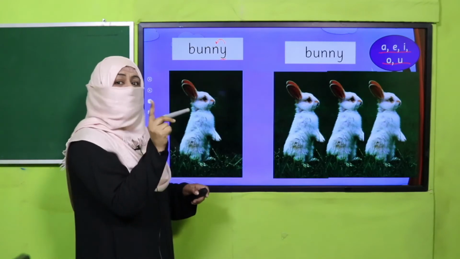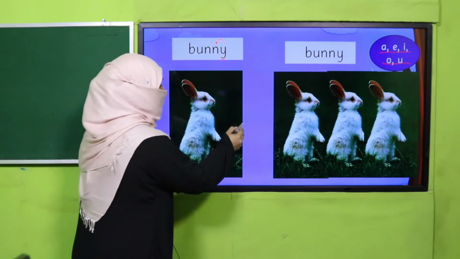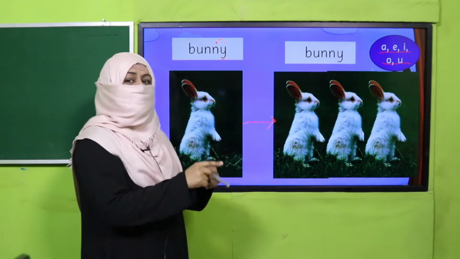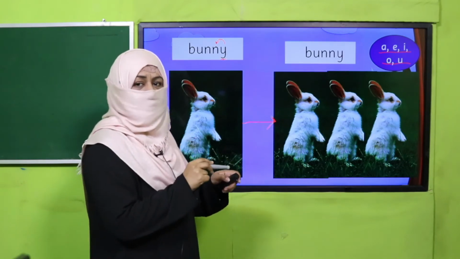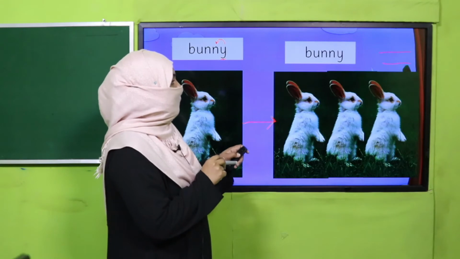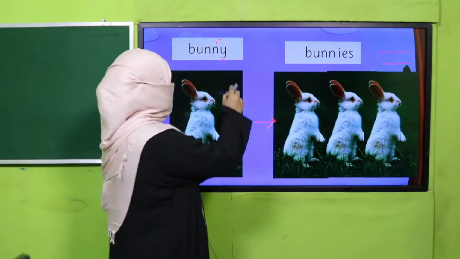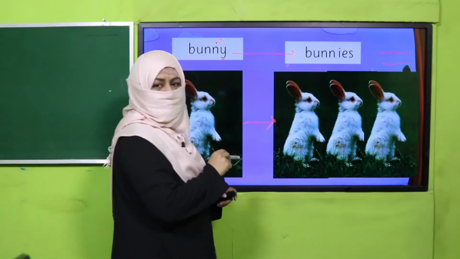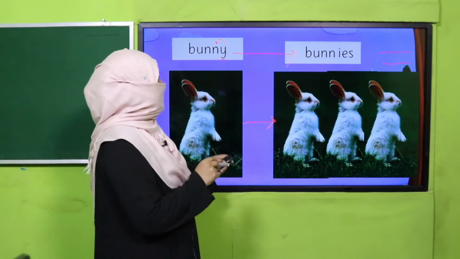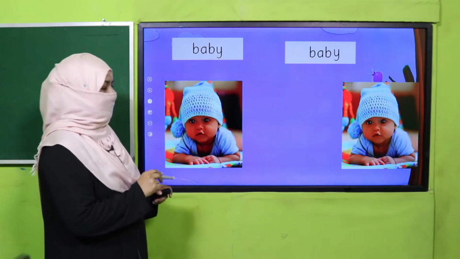No. It means for the plural of bunny, we'll use the rule of the replacement of Y. And what is the rule? We'll remove Y and we'll add IES. Bunny, bunnies.